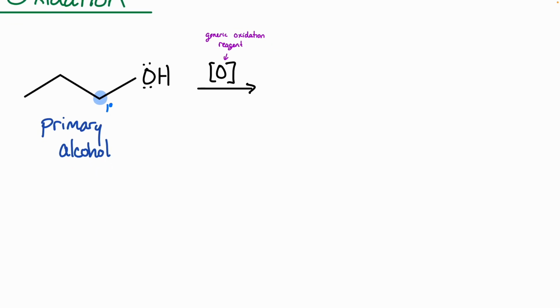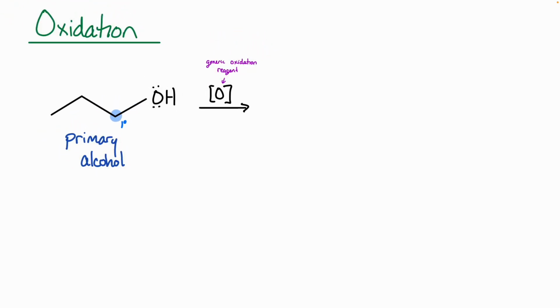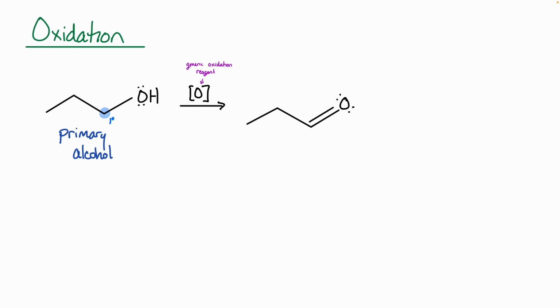All right, so if I'm going to oxidize this primary alcohol here, I'm going to create more carbon-oxygen bonds, and I'm going to convert it from being a primary alcohol into an aldehyde. I'm going to turn that carbon-oxygen single bond into a carbon-oxygen double bond. So my primary alcohol can be oxidized to an aldehyde.